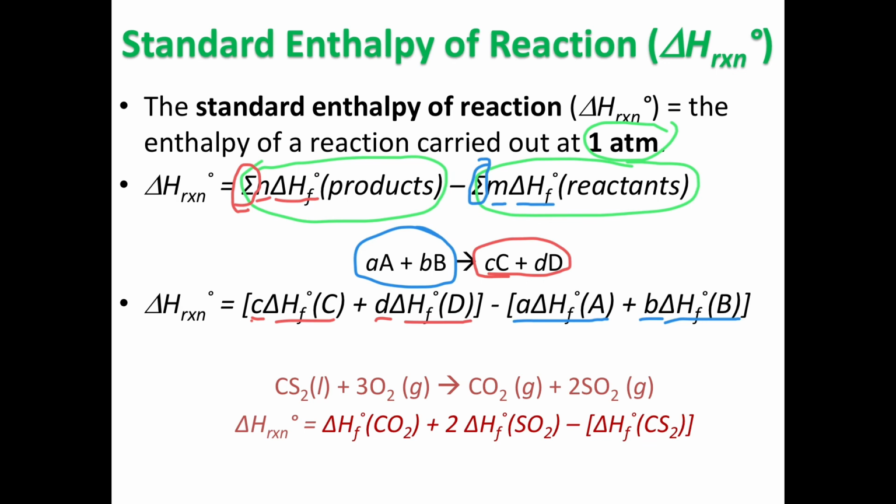Using the combustion reaction of carbon disulfide with oxygen to produce carbon dioxide and sulfur dioxide, the enthalpy of the reaction is the enthalpy of carbon dioxide times 1, because there's only one carbon dioxide as a product, plus the enthalpy of formation of sulfur dioxide times 2, which is the coefficient for sulfur dioxide, minus the enthalpy of formation of carbon disulfide, which is a reactant.